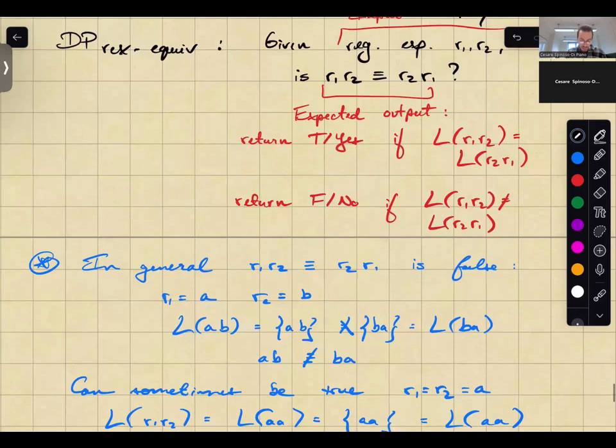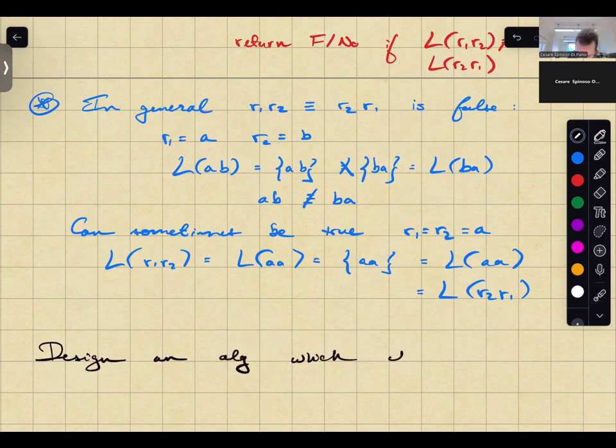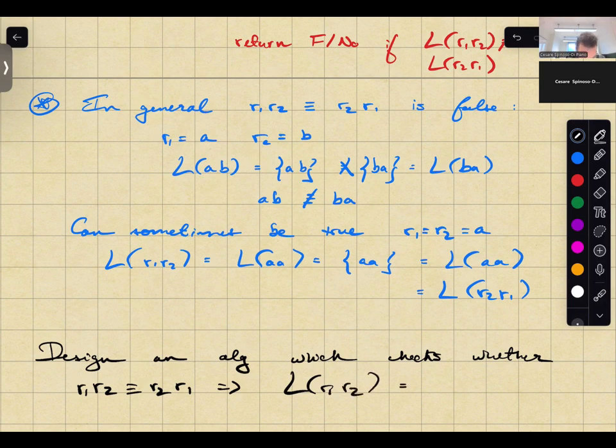So how are we going to do this, right? Essentially, we kind of need to design an algorithm which checks whether R1, R2 is equivalent to R2, R1. Or really, in other words, if we're talking about their corresponding languages, the language denoted by R1, R2 is exactly the same as the language denoted by R2, R1.